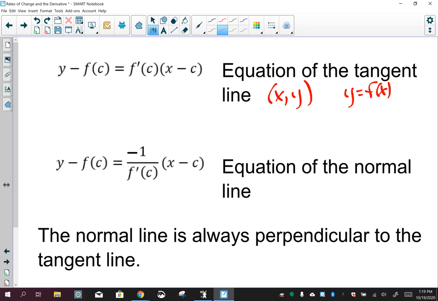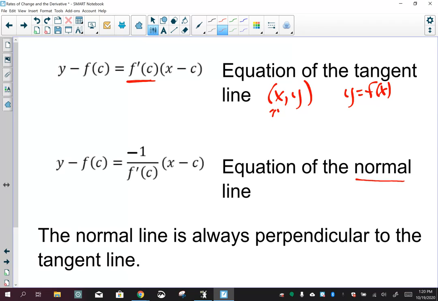Then you're going to take that slope formula and evaluate it at this specific point right here, at that x value only. Then you're going to come over here and put that in here along with the point they gave you, and that's going to give you the equation of the tangent line. You're probably going, what? When we actually start doing problems, you're going to see exactly what I'm talking about.